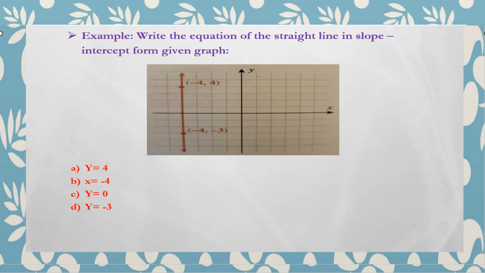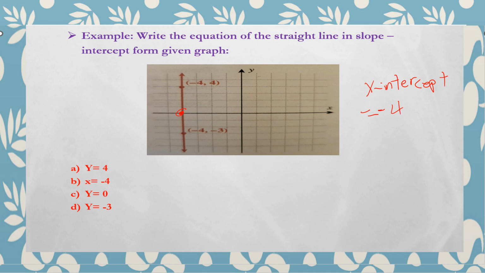Another example, write the equation of the straight line in slope-intercept form from the given graph. From this graph, we can see that the line intersects the x-axis here at the point -4. So the x-intercept here equals -4.